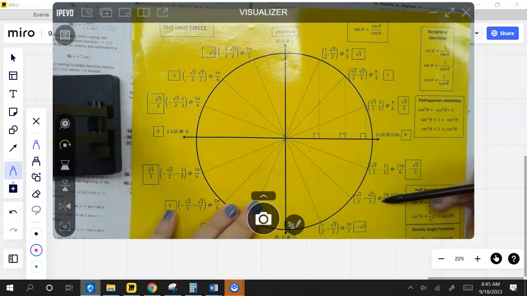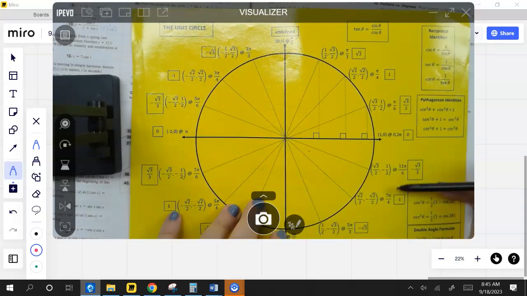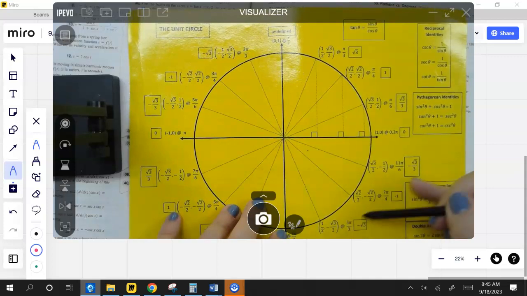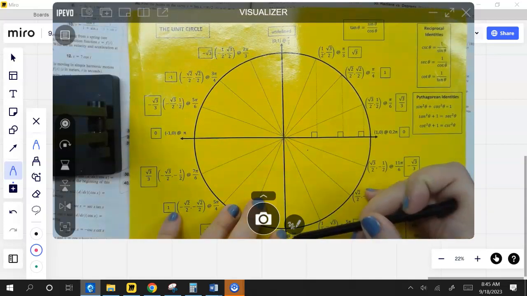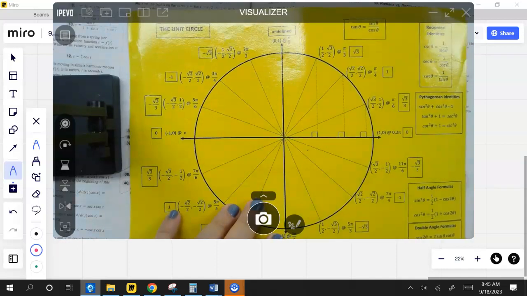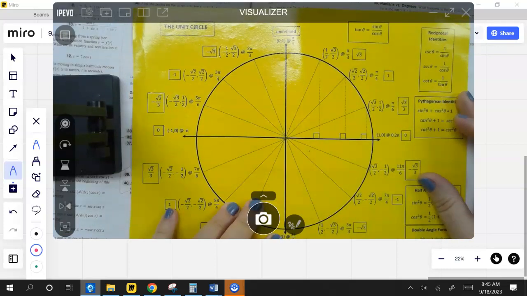4. Because my domain includes negative values, so instead of looking at these values, I'm going to look at negative pi over 6, negative pi over 4, negative pi over 3, and negative pi over 2. Those are those coterminal angles like we talked about in pre-calc.